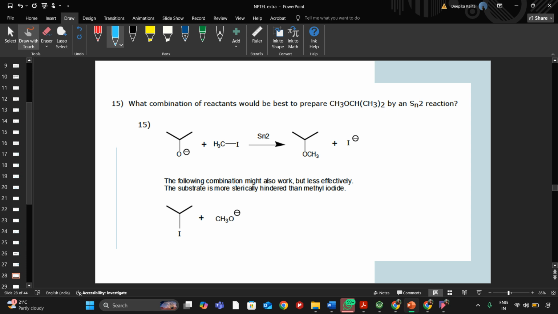Hence, the combination will be methyl iodide and isopropyl oxide. The other combination also you can mention, but in that case, the substrate is going to be more sterically hindered and hence the reaction can be less effective.